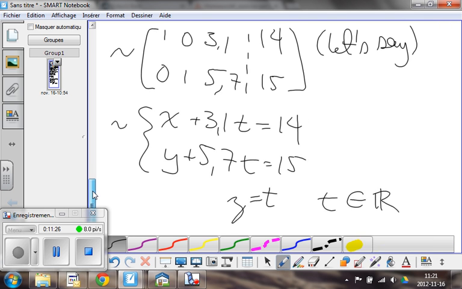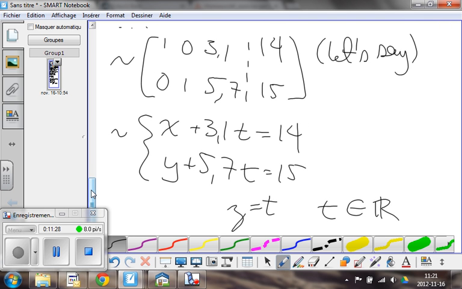It's going to look like this. Those numbers are going to be different, but it will look like this. Z is going to be a free parameter for sure, so you call z t. Don't forget this, that's 0.5. And then you're going to have x and y in terms of t, and then some numbers. This is just rewriting this matrix.